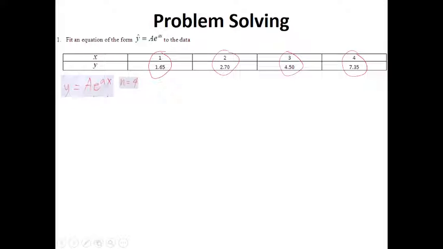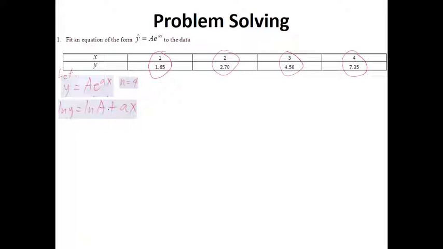So we have here the equation. We let y equals a e to the power of ax, and we take the natural logarithm of both sides. Ln y equals ln a plus ax. This is already the simplified form.